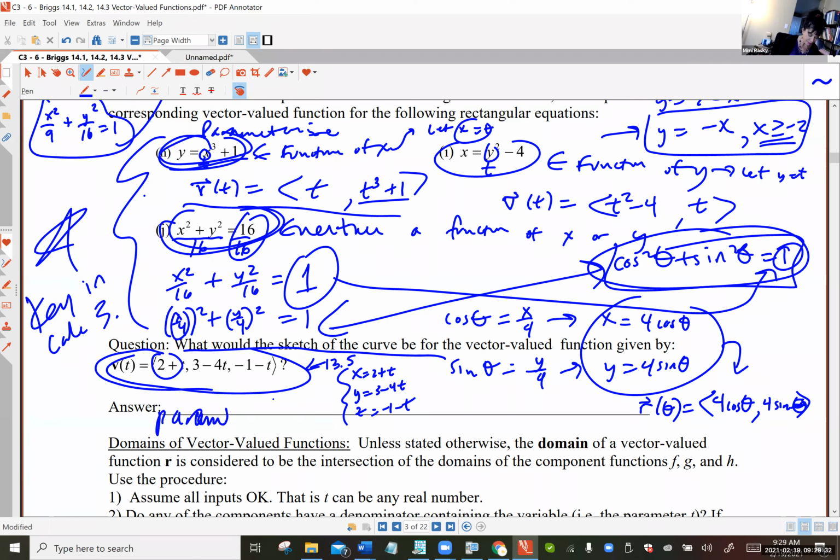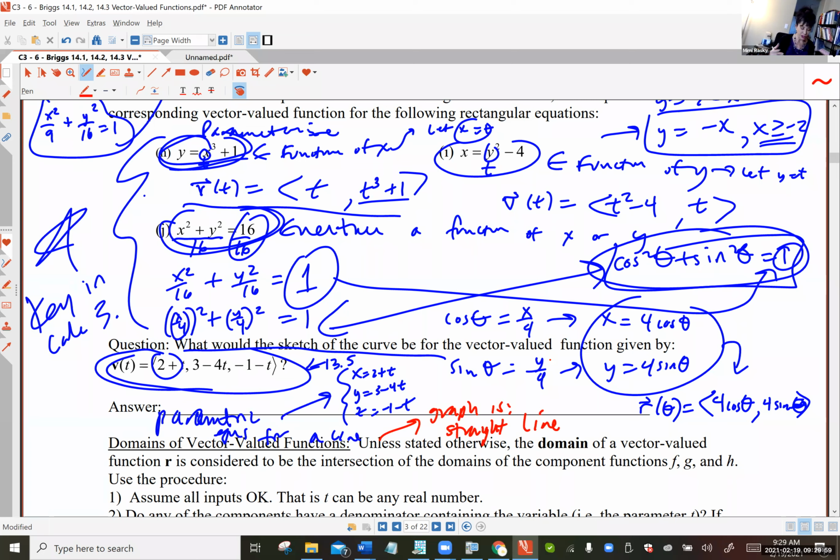So the graph, the sketch of the curve is going to be a line. So these are parametric equations for a line. And so the final answer is, if you had to sketch this curve, it would just be a straight line. So the graph is a curve, well, a straight line curve, because this describes a line in space. Yay! And we're done.